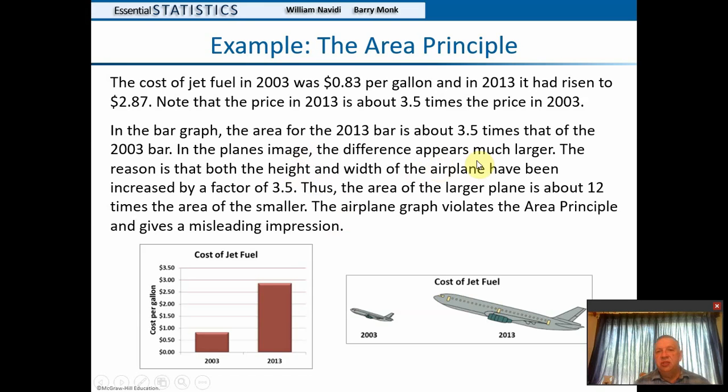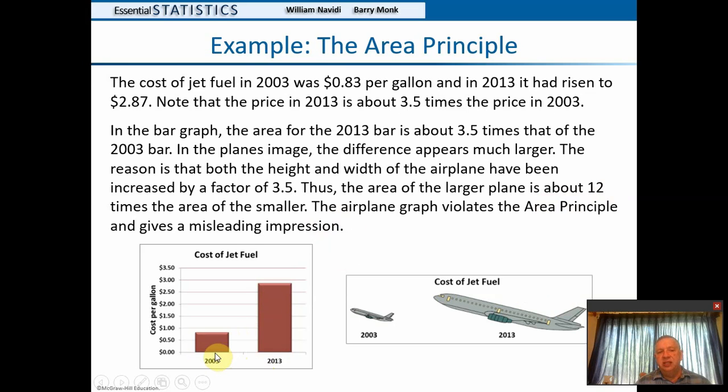In the plane image, the difference appears much larger. This little plane looks to be much larger than 3.5 times. What has happened is that they increased the height and the width by 3.5. So this went 3.5 this way and 3.5 vertically, and that overall area turns out to be about 12 times as great, 3.5 times 3.5. Here it just goes up.